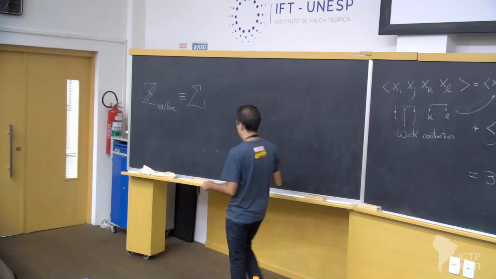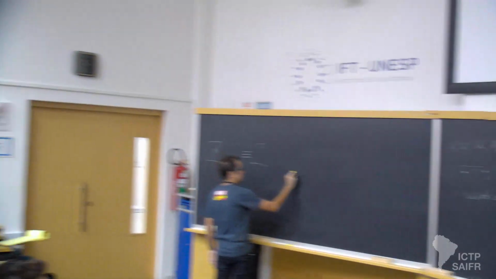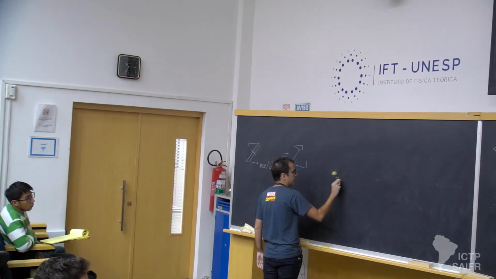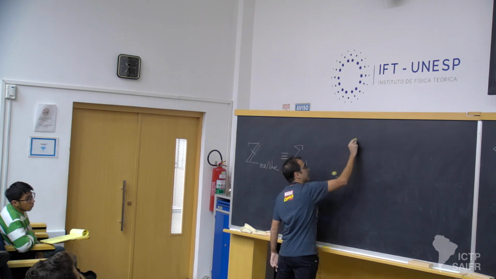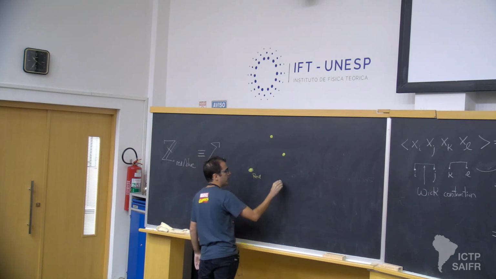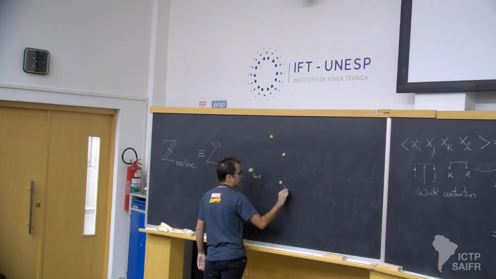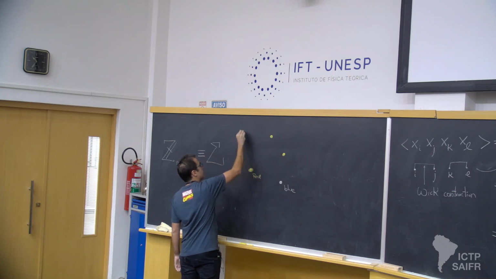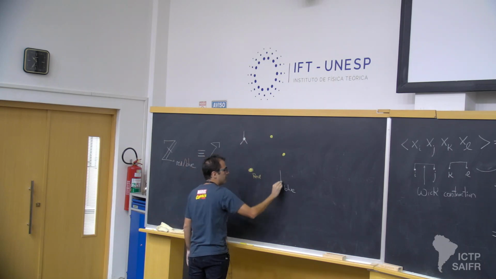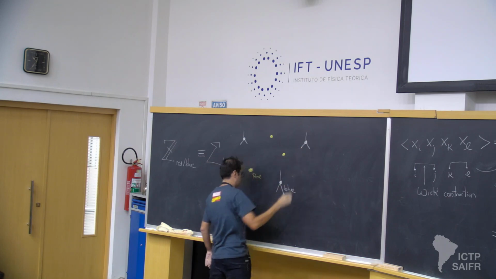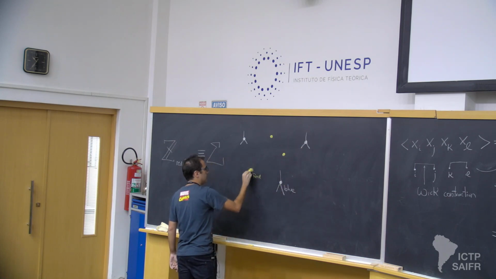Let's suppose that I have two types of vertices now. This one, let me call it the red one, and this one will be the blue one. They are cubic vertices. And these ones as well.